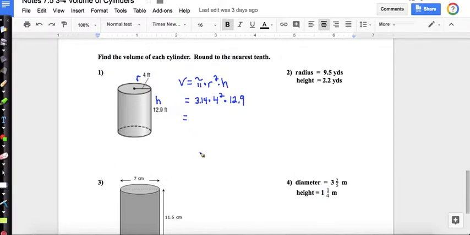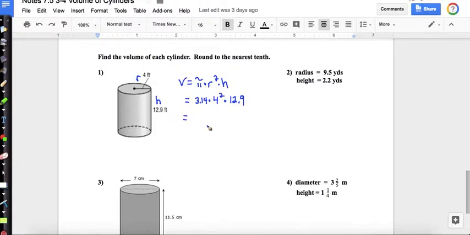Now, if you don't have the squared button on your calculator, you would do 3.14 times 4 times 4 times 12.9. So if you don't have the x squared button, remember that squared means multiply by itself. So instead of typing in 4 squared, you would type in 4 times 4 in place of the square. Okay.